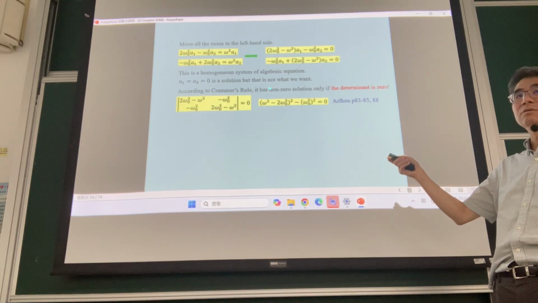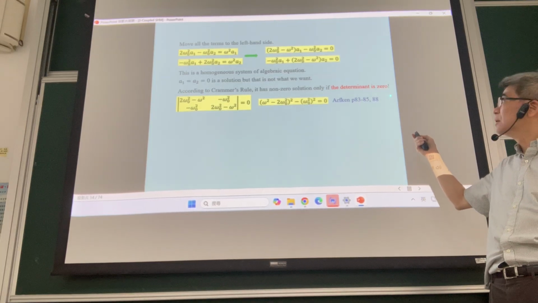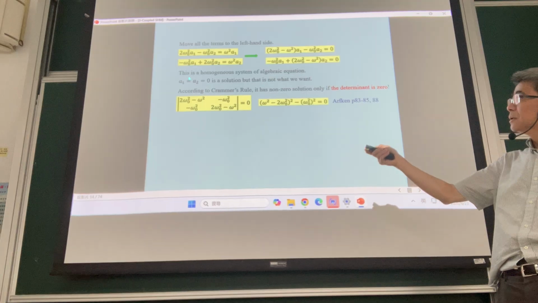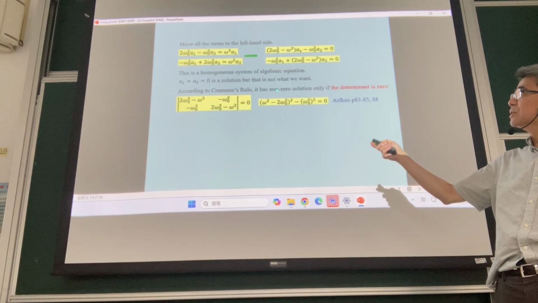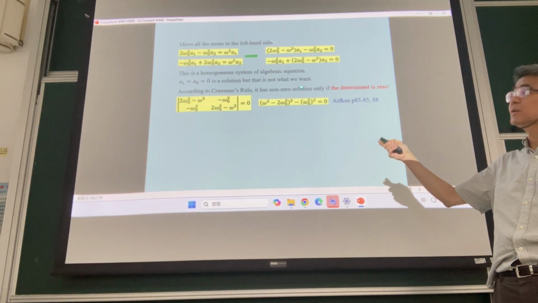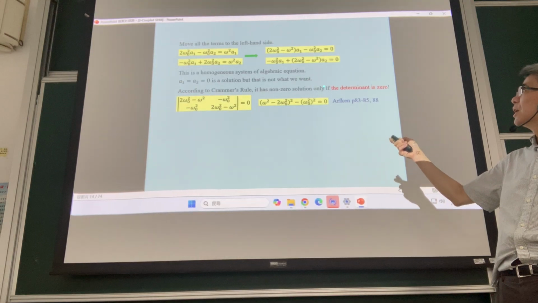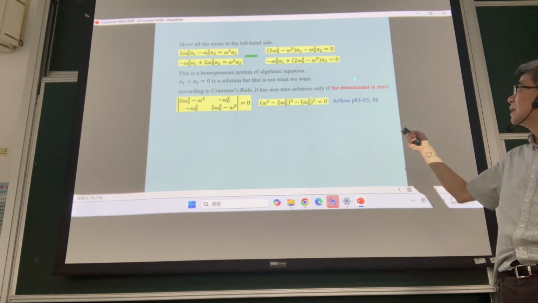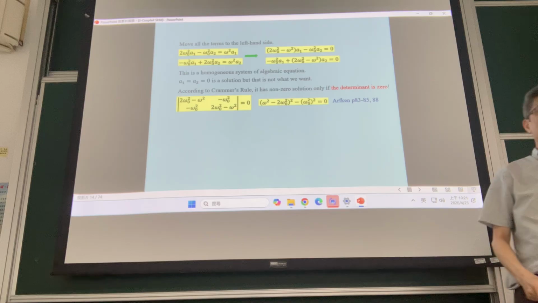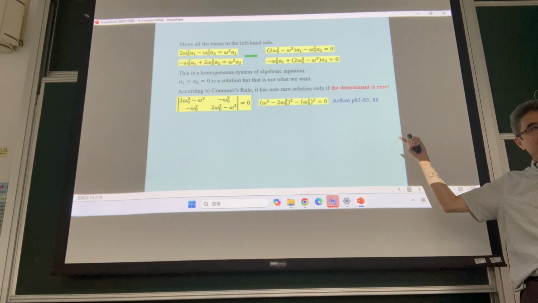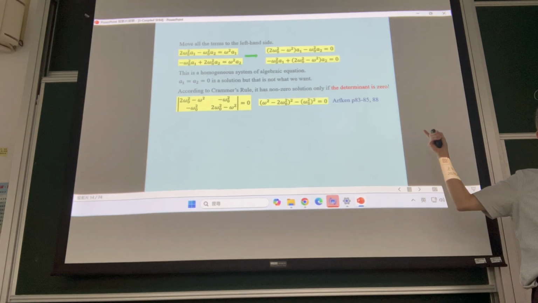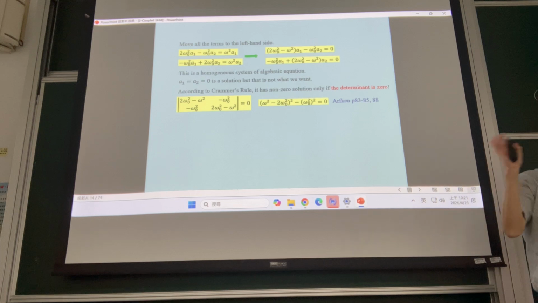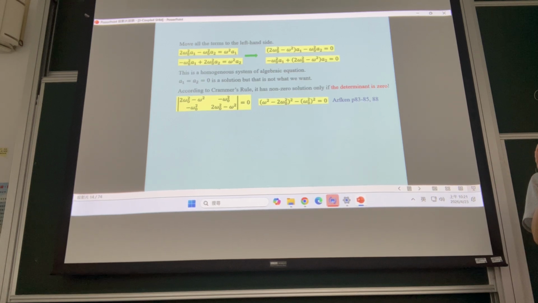You just need to know this statement. If you want this equation to have a non-zero solution, the only possibility is that the determinant is equal to 0. Everyone needs to know this. Otherwise, we won't be able to proceed.